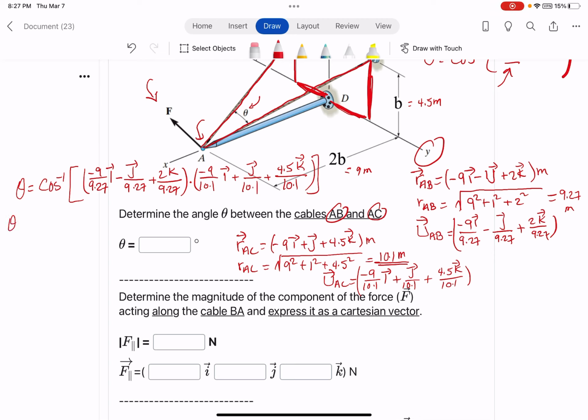So theta is cosine inverse of 81 over 9.27 over 10.1. This is 0.86. And then minus minus. So this is going to be the second one, minus 9.27 divided by 10.1.